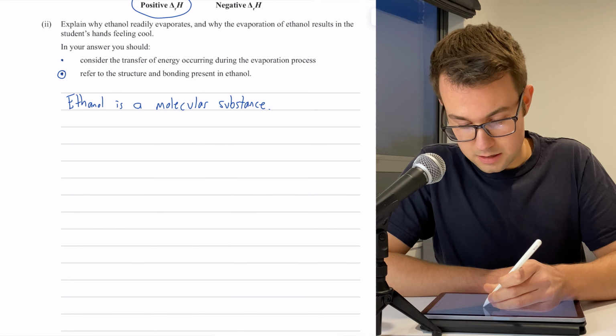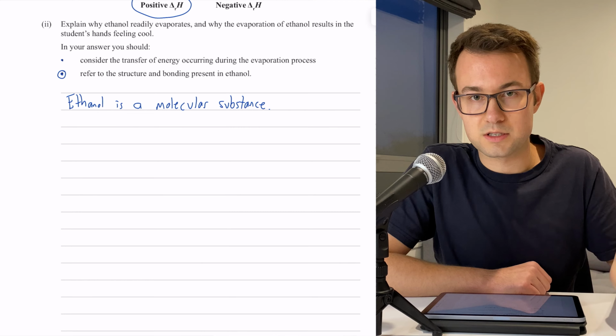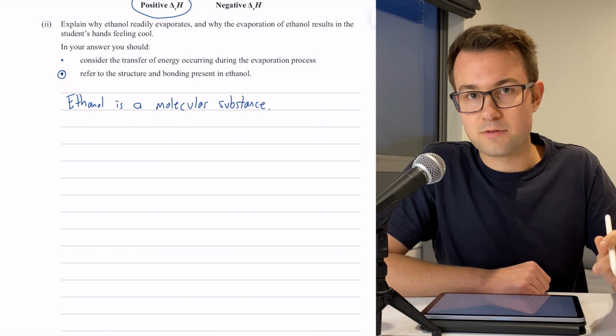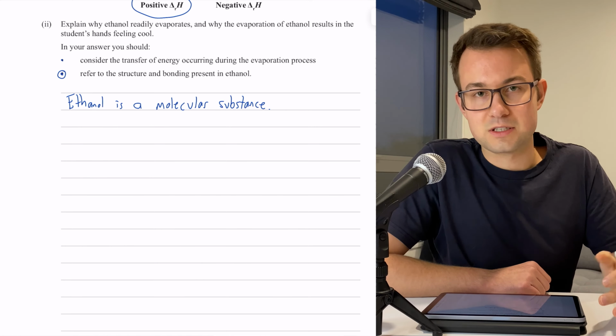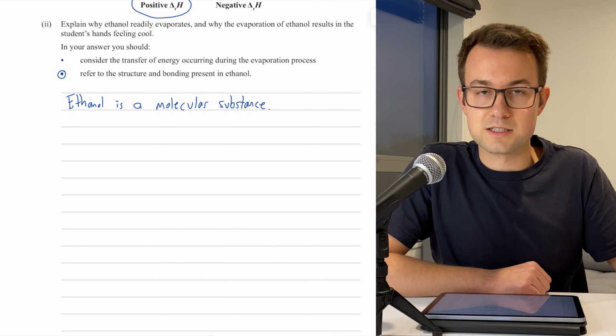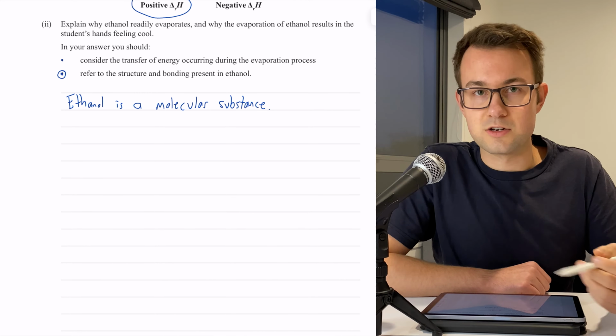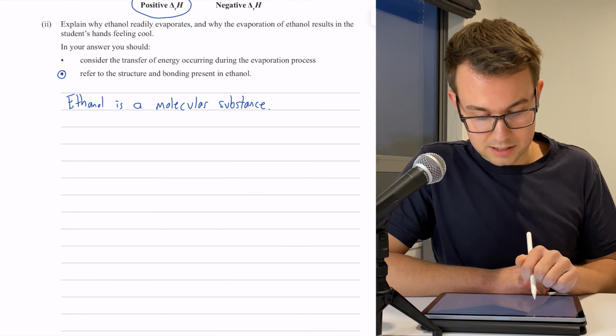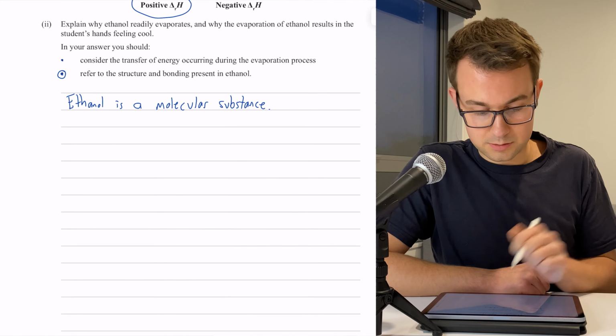There are some easy ways to figure out which sort of substance is what, like what's ionic, what's metallic, and the other things. Maybe we can cover that in another video. There are about 4 different types of substances that you need to know, and you'll probably find a table further on where you need to list them. But let's just say that we know ethanol is a molecular substance.